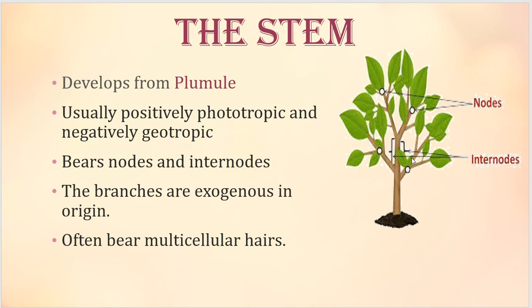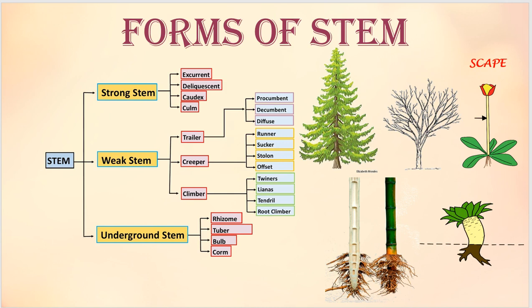And the next thing we are going to learn is the forms of stem, different forms of stem. Here in forms of stem, we are simply saying that the stem can be a thick, hard, woody one, or it can be a weak one. But scientifically, we have to categorize the forms of stem on the basis of its form. Already you would have heard about the classification of plants based on their habits.